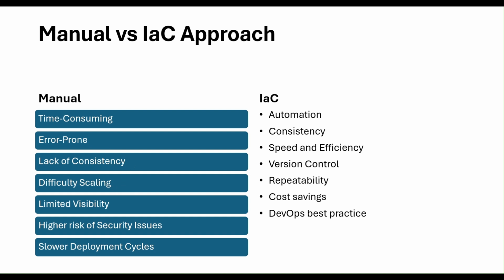There isn't consistency in doing it the same way, and it's difficult to scale because you are physically doing the work, so it can't just be at a click of a button where you scale up or down. And visibility is limited, as well as higher risk for security issues and slower deployment cycles.